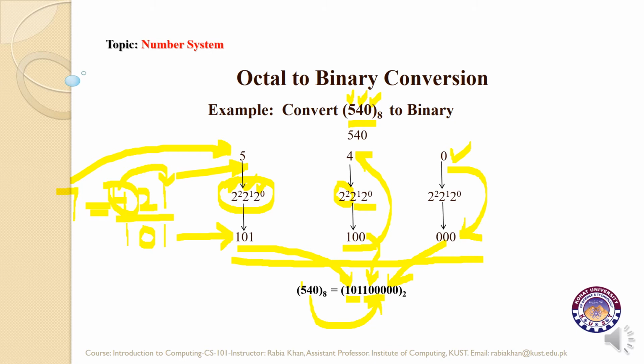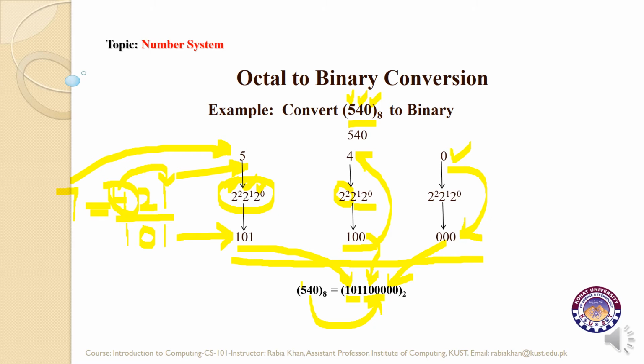So this is how the direct method works. You need to split every digit in the given octal number into a group of 3 binary digits. How can we group the 3 binary digits? You have seen the method. Start the 3 binary digits with power 0, so it will lead you to 3 binary digits starting from 2 raised to power 0, then 2 raised to power 1, and then 2 raised to power 2.